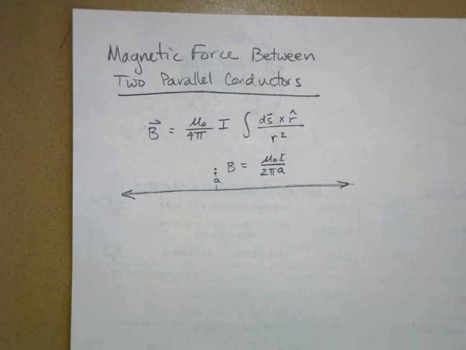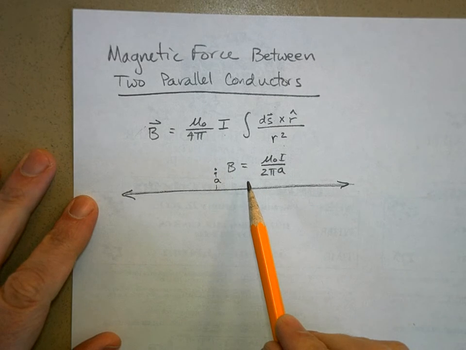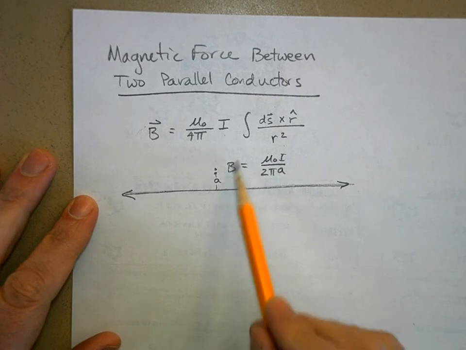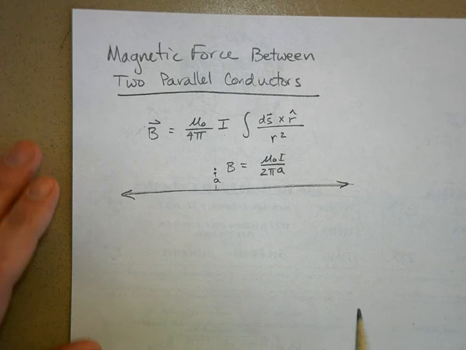Now here's one thing we didn't have time to get to, so I want to do that now before we get to the main topic today. This tells us the magnitude of the strength of the magnetic field, but the direction of it, well, we did kind of talk about that.